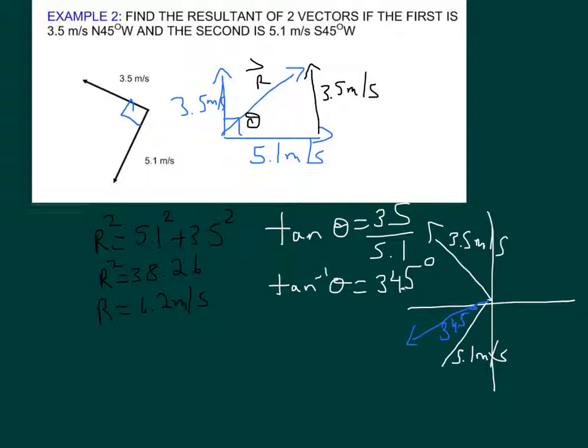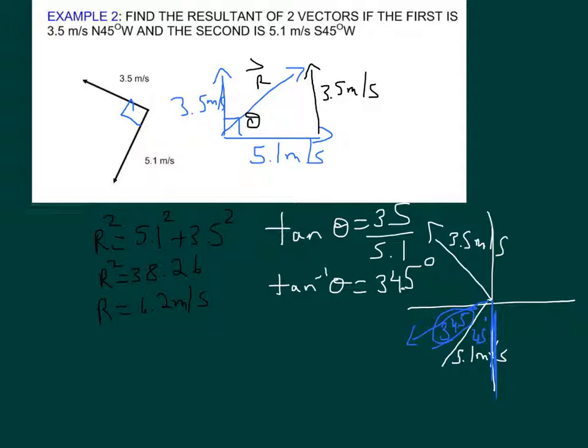So when we're trying to talk about the position of the resultant vector, we want to relate it to the southern direction vector. And so knowing that we have 90 degrees in each quadrant, let's take 90 minus 34.5, I'm sorry, not 90 minus 34.5. Let's take our 45 degrees that we know exists between the southern vector and the 5.1 vector, and add that to the 34.5 degrees that we found between the resultant vector and the 5.1 vector.